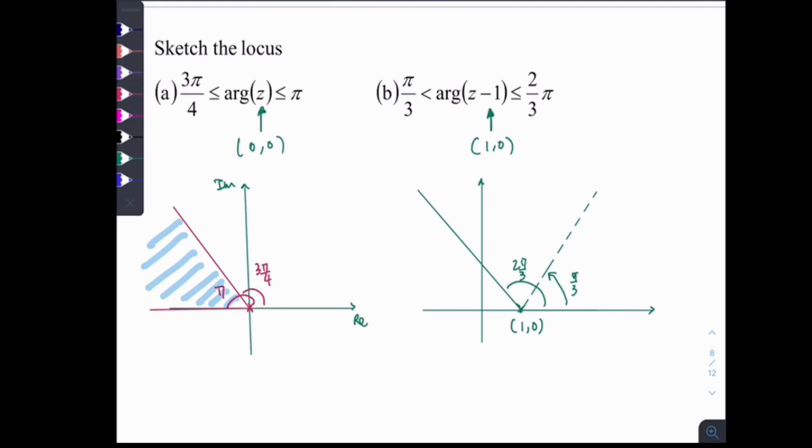And then you only shade in between. Okay, that's all for the locus. So for the locus, there are 3 different types. The first one is circle, second one is perpendicular bisector, and the third one is argument straight line.